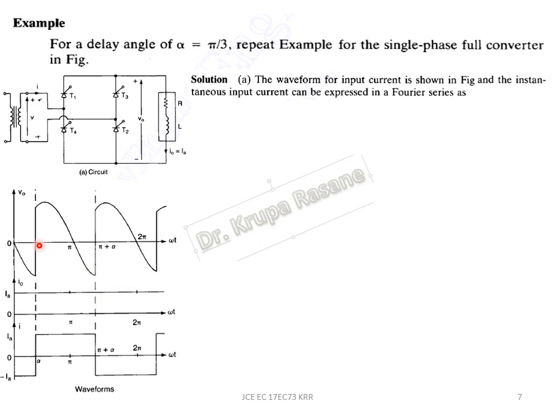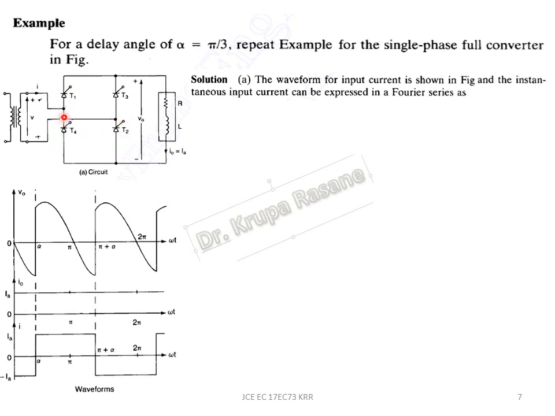So we know from alpha to pi plus alpha, T1 and T2 will carry the load current, and from pi plus alpha to 2 pi plus alpha, T3 and T4 will be carrying the load. If you look at the input at the transformer side, when these two are conducting, the current will flow like this, to the load and back through this.